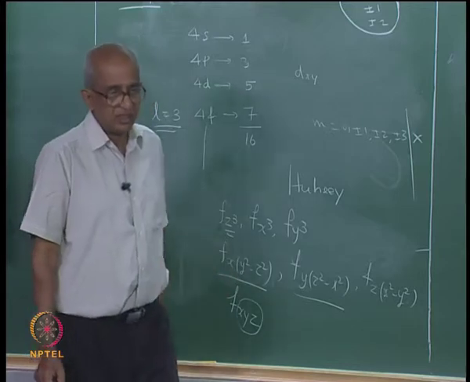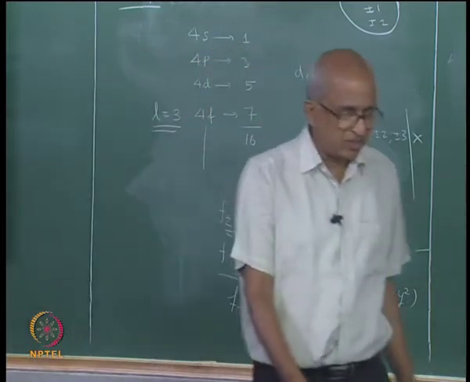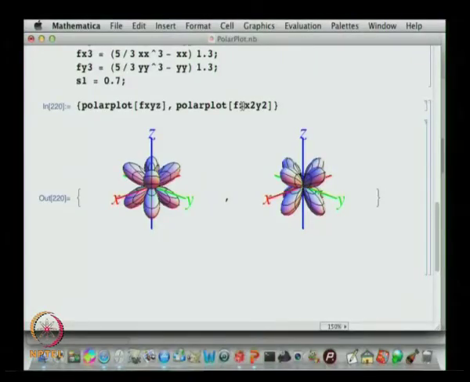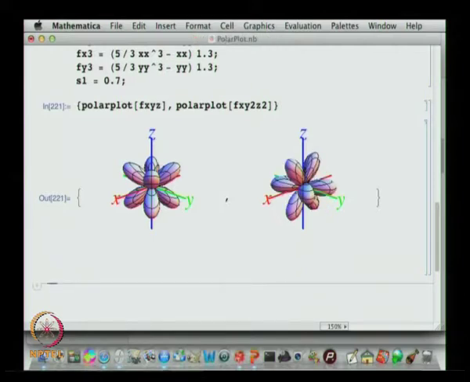If you want to see them, I can obviously show them. Again, I will show just one of them. F x, that means I am rotating about the x axis, so that is how these orbitals are.